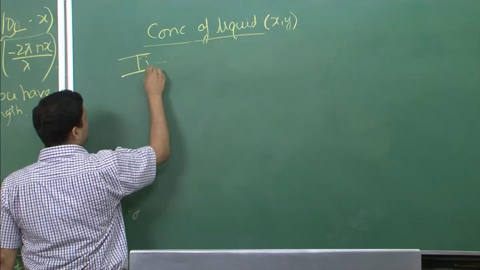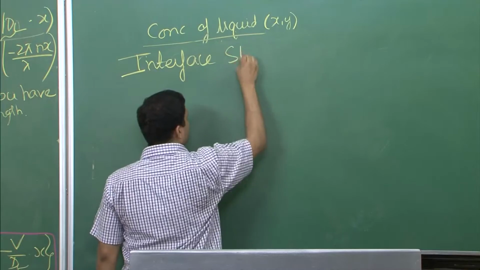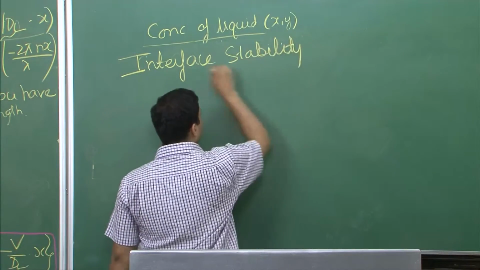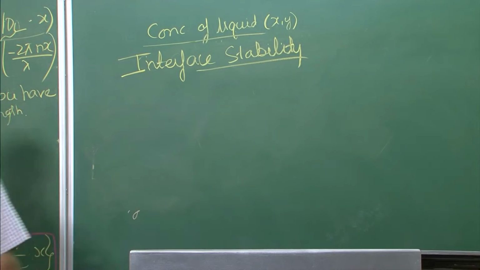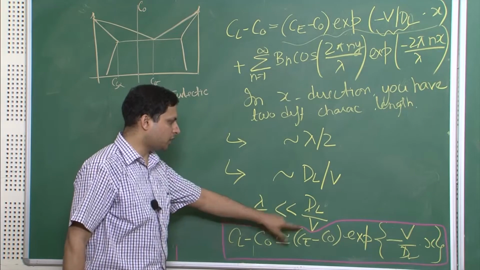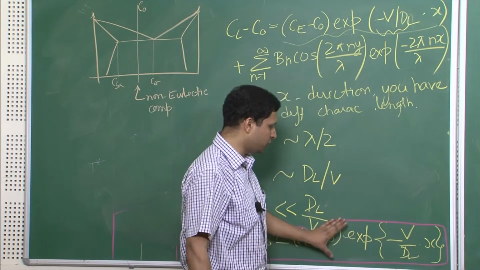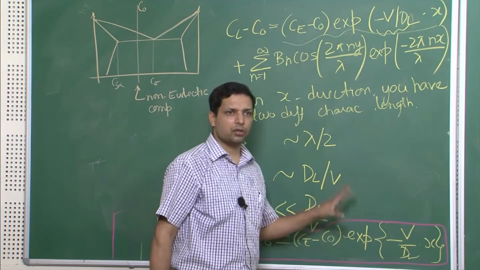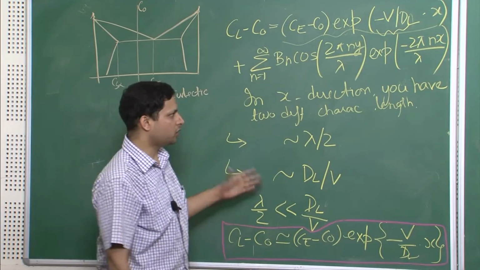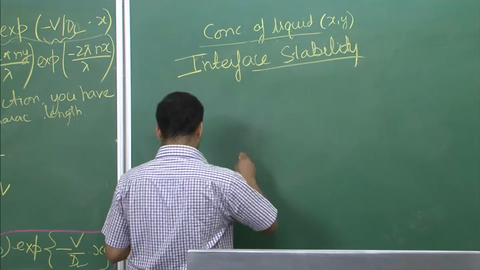So we are looking at the interface stability criteria, and this is the equation we have obtained when lambda by 2 is much smaller than Dl over v. When we have this form of the equation, we know it is for diffusion controlled growth in the liquid and no diffusion in the solid, and from there we know the form of the equation for interface stability.